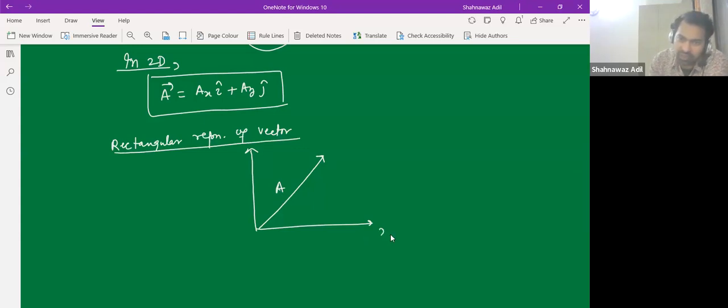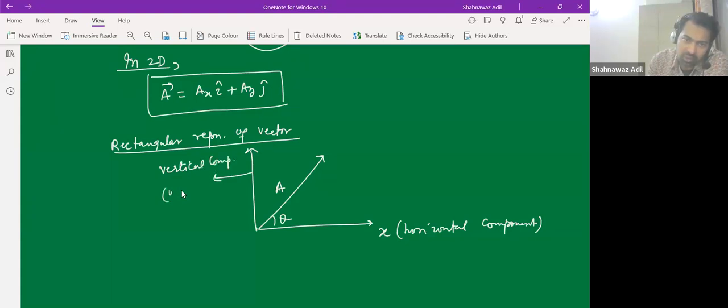One is x, the horizontal component, and the other is the vertical component, which is the y component. The x component is A cos theta, and the y component is A sin theta.